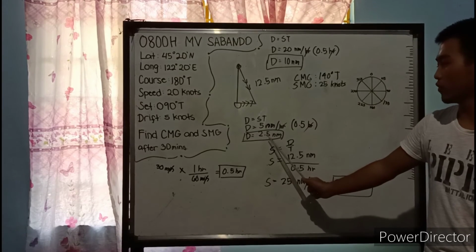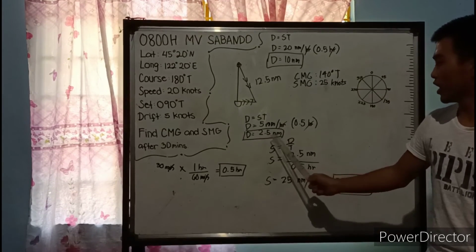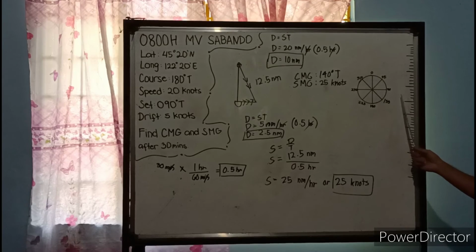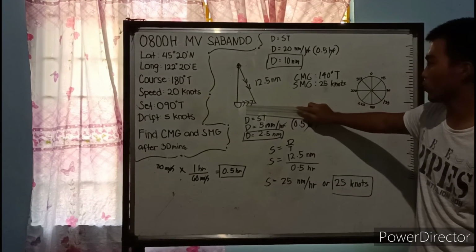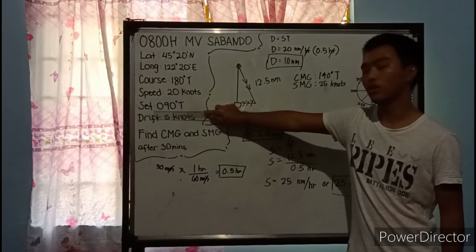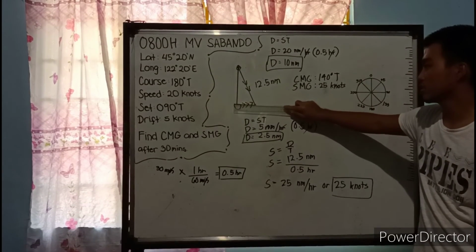So the answer is 2.5 nautical miles. Drag 2.5 in the scale. After finding 2.5, put this in the DR position along with the set, 090 degrees.